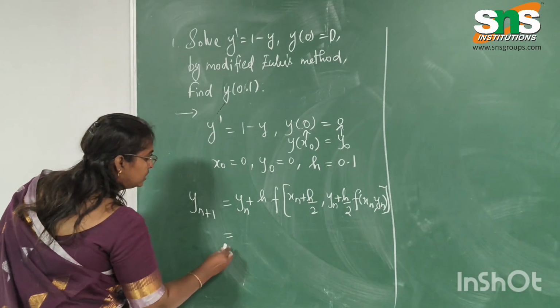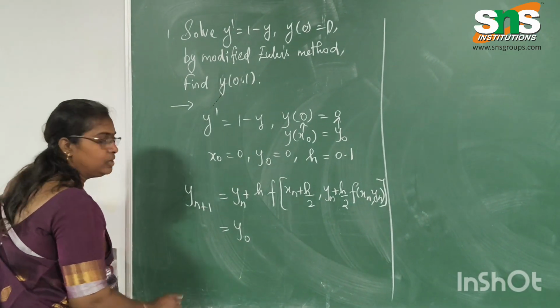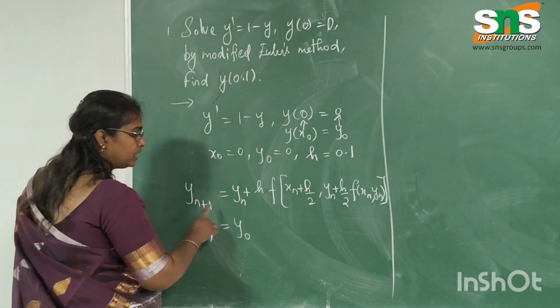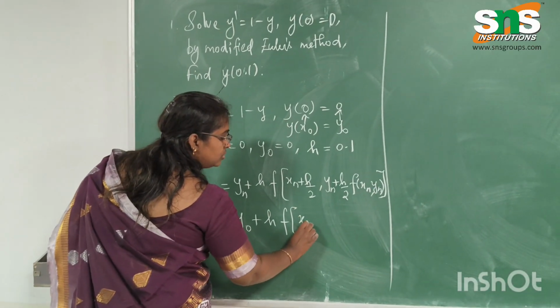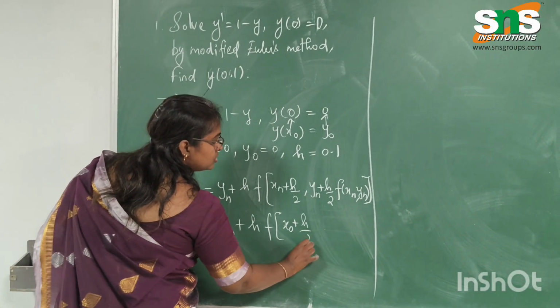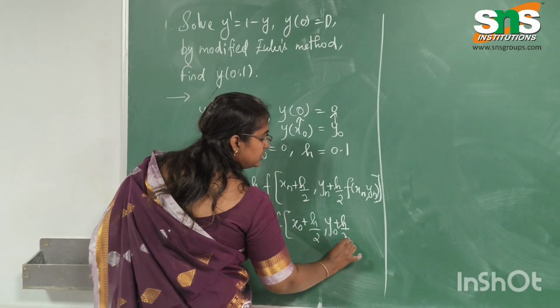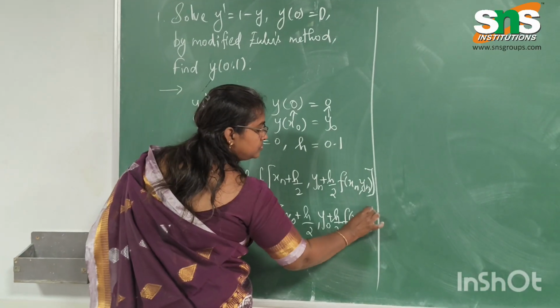Here we substitute the 0th iteration value to get the first iteration value, that is, n equal to 0, plus h into function of x naught plus h by 2 comma y naught plus h by 2 into function of x naught comma y naught.